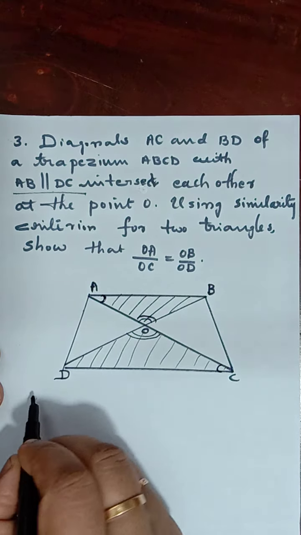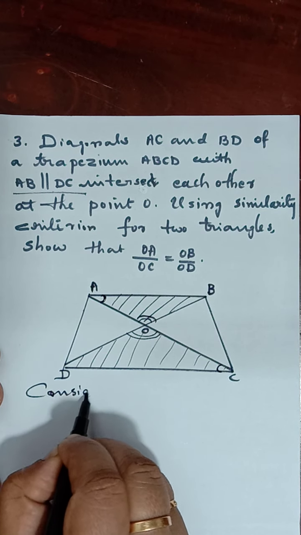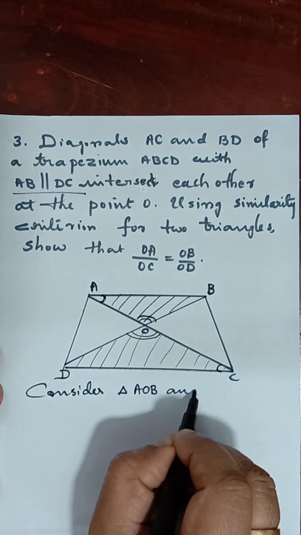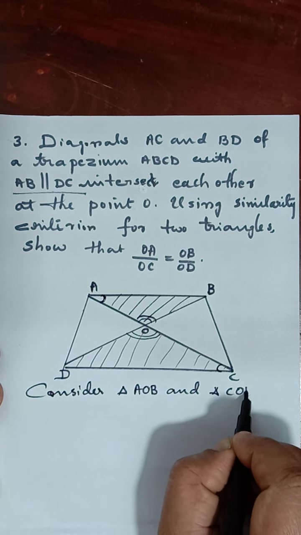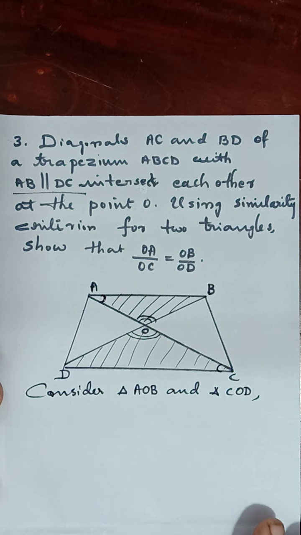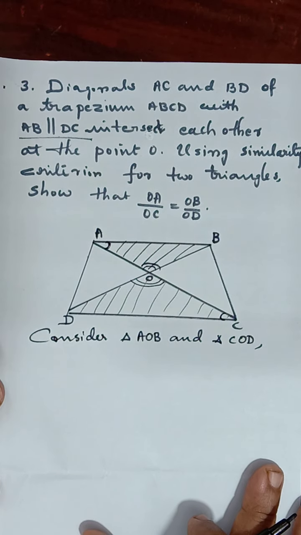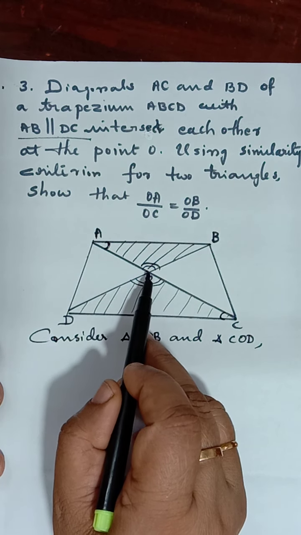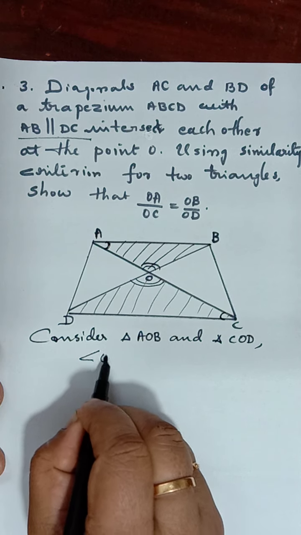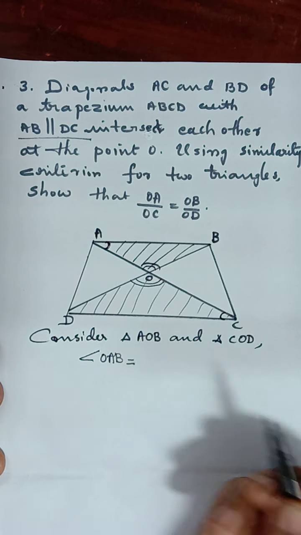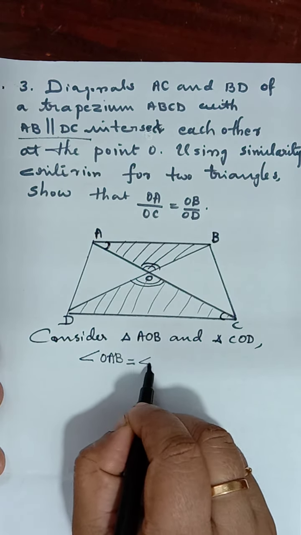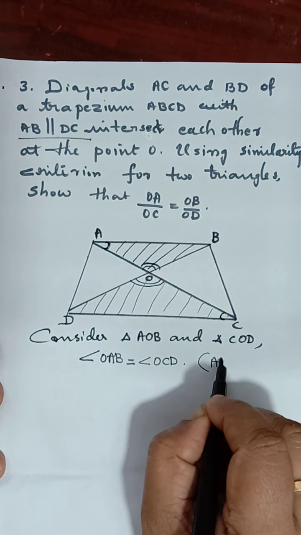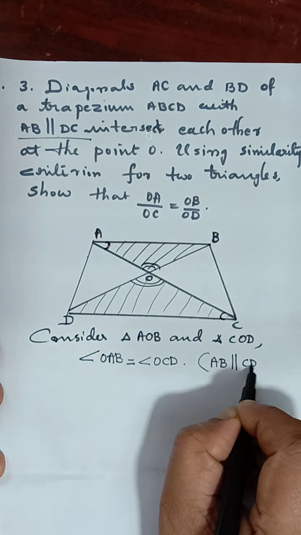Arrange it and write. We consider triangle AOB and triangle COD. Here we have to write angle A, that is OAB. Angle OAB equal to angle OCD. What is the reason?